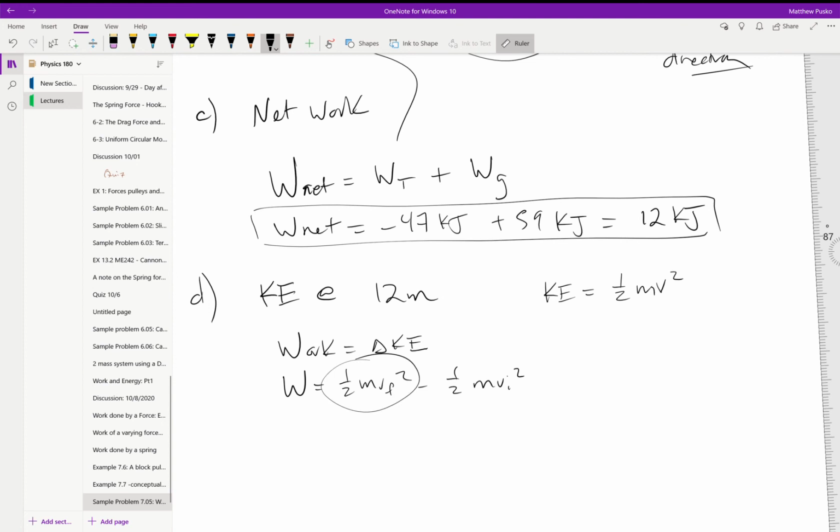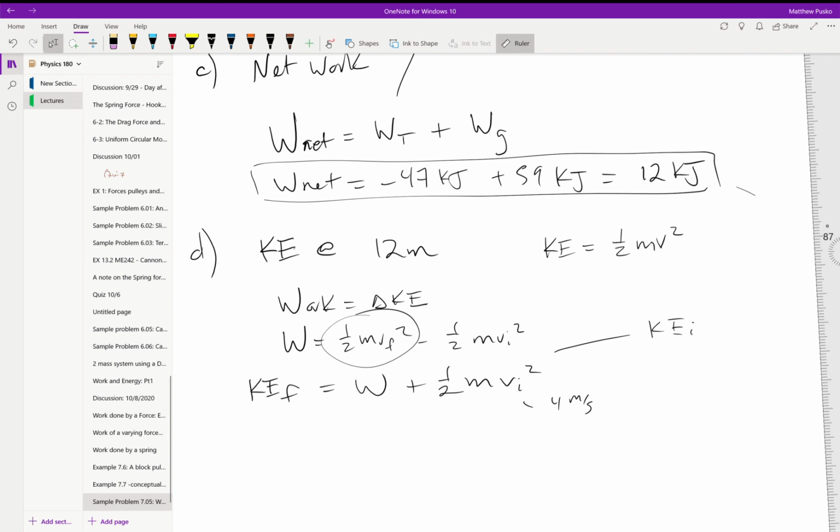So we can actually rearrange for it and solve for this and say, okay, the kinetic energy final is going to be equal to the work plus whatever its initial kinetic energy was. This is its initial kinetic energy. Remember, it was going 4 meters per second before the cable started unspooling.